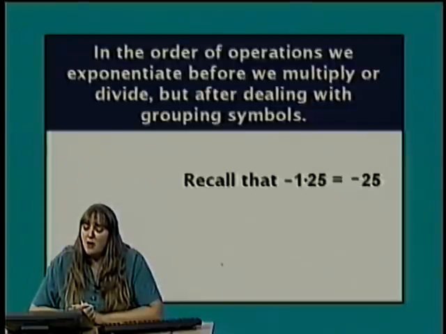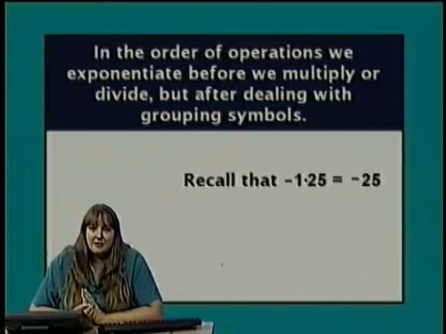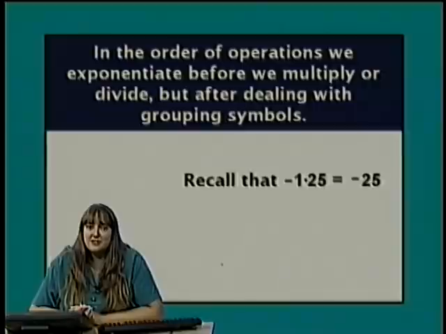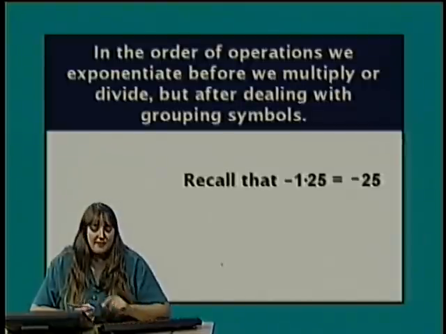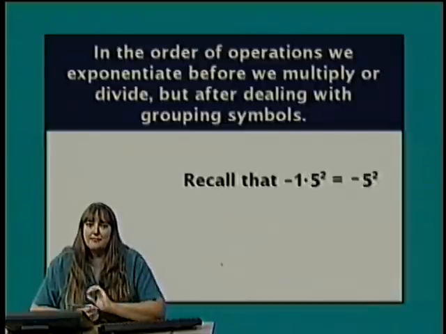Well, I want to recall that when we multiply something like 25 in this case by -1, all that it does is change the sign of our number. -1 times 25 equals -25. Now I want to take those 25s and replace those with 5 squared, because 5 squared is 25.